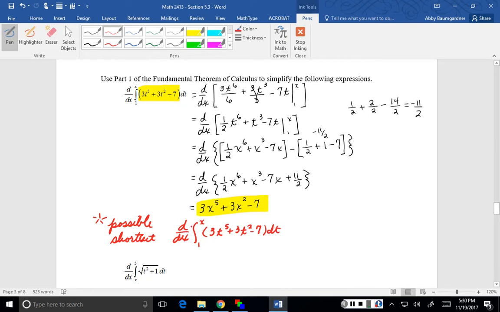The derivative and the antiderivative is how a lot of people think of it. The derivative and the antiderivative just cancel each other out, and they leave you with this integrand, except it's evaluated at your variable. Well, this is not quite right. It's close, but this is not quite right.